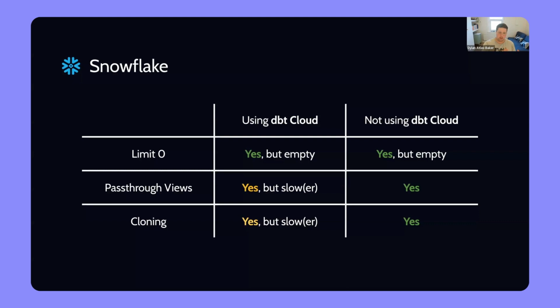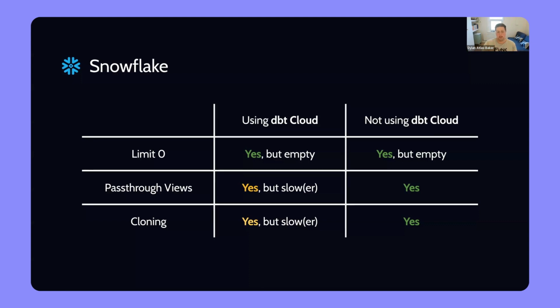So if you're on Snowflake, regardless of whether you're using dbt cloud or dbt core, you can do the limit 0. That's going to work just as effectively on either one, but you're going to end up with empty data sets. Historically, you could create pass-through views and clone on both, but because of this parallelization issue, where you're having to build one thing at a time, that was always going to be slightly slower on dbt cloud.